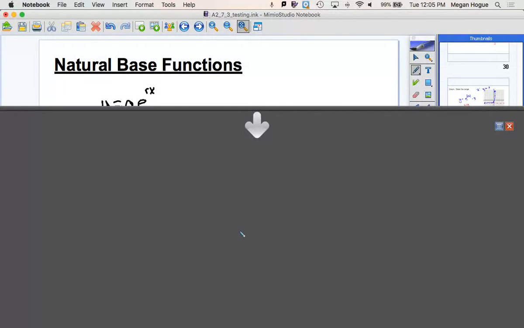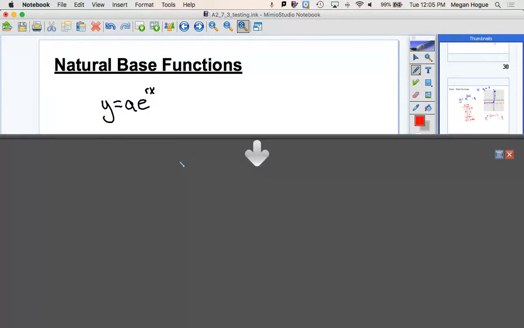So the natural base function is y equals a times e with an exponent of r times x. And they can be more involved.